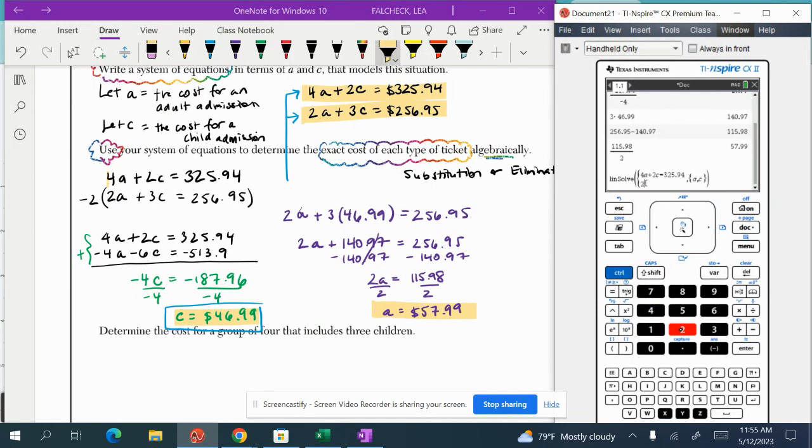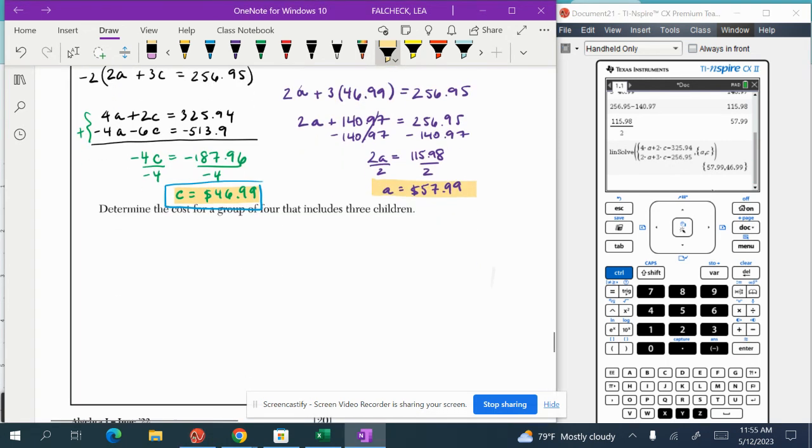And then on the bottom I have 2A plus 3C equals 256.95. Go ahead and hit enter, and I should get the first variable listed as A, which is 57.99. The second variable listed, which is C, which should be 46.99. Those were the two answers that I got, so I'm good.